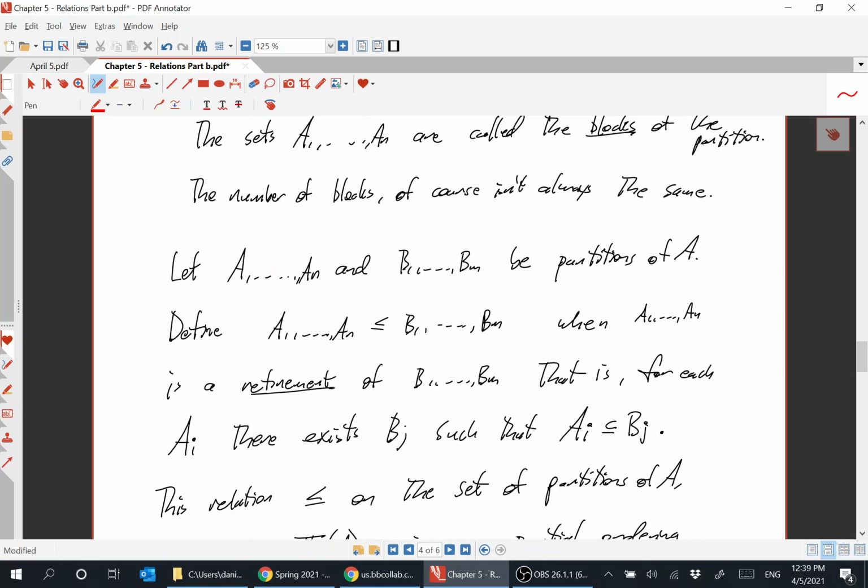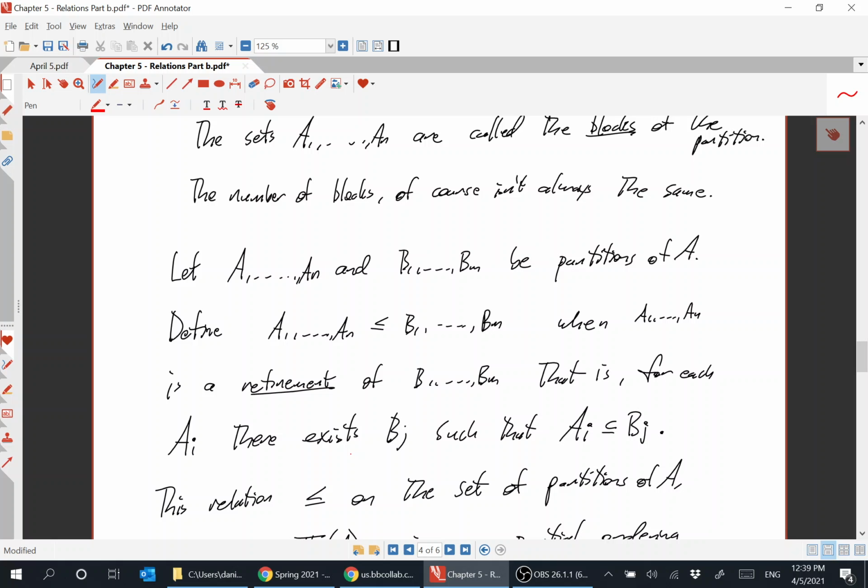That is, for every AI, there is a BJ. So again, here's the stacking of quantifiers, right? For each I, there is J, such that AI is a subset of BJ. For every block of A, there is a block within the B's, such that A is contained within B.